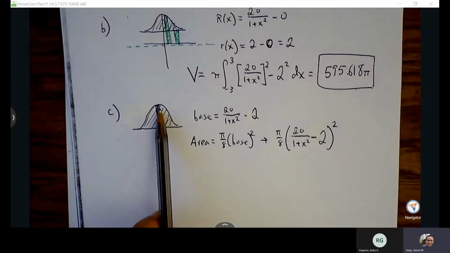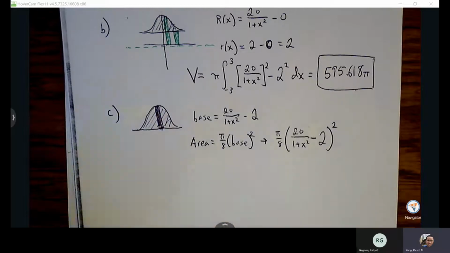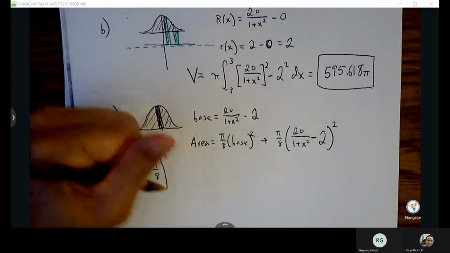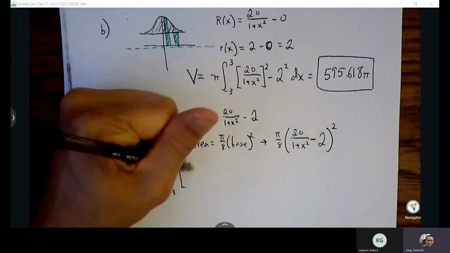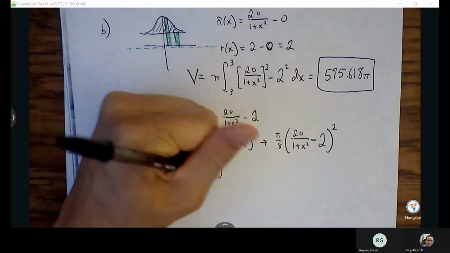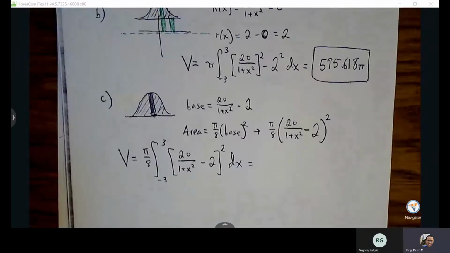All right, top of the base is sitting at the 20 over 1 plus x squared. The bottom is sitting at the 2. Now volume formula. So here, you don't have to hold on to the pi.